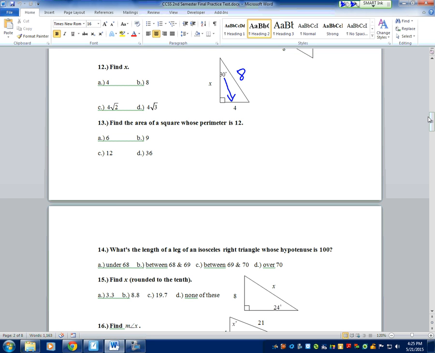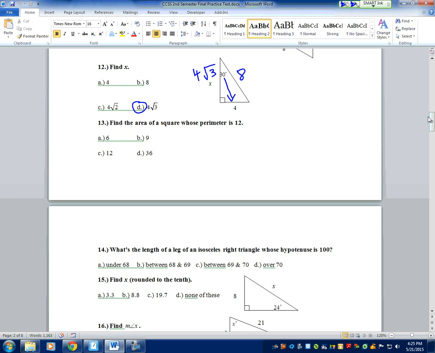And x is going to be the shortest side, 4, times the square root of 3. So in this case, x would be 4 root 3. You could expect me to ask any of these side lengths. I may even give you one triangle and ask for both of these in consecutive problems.